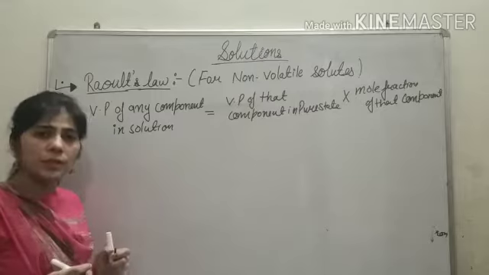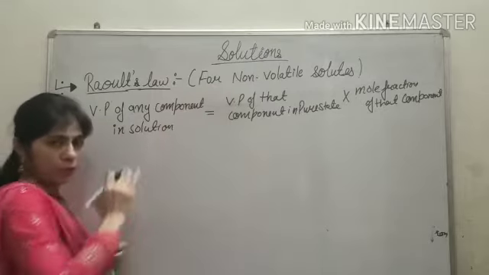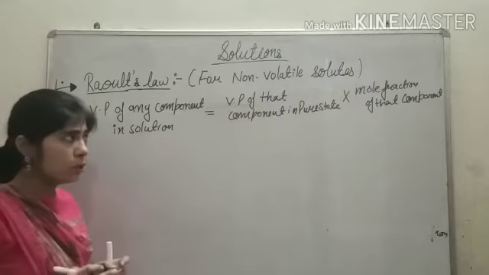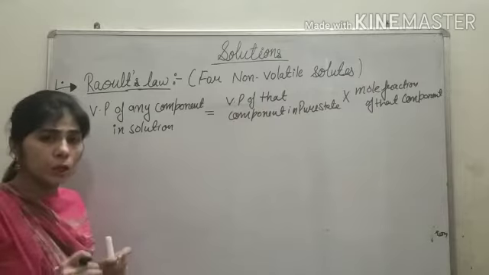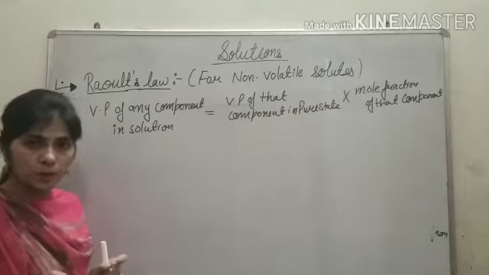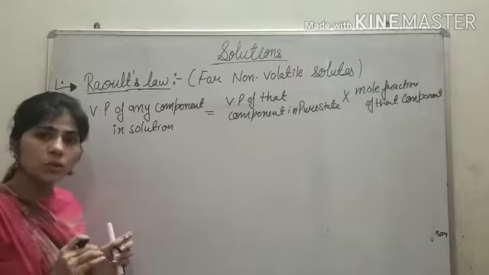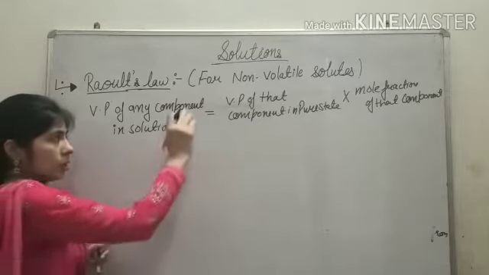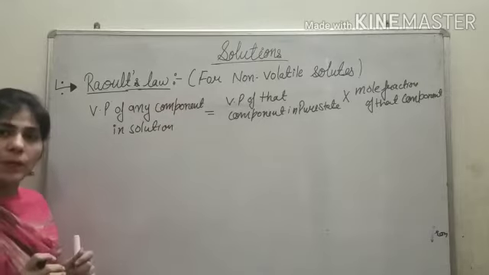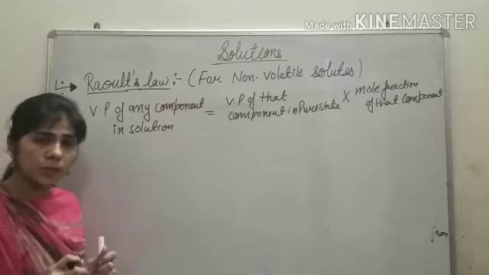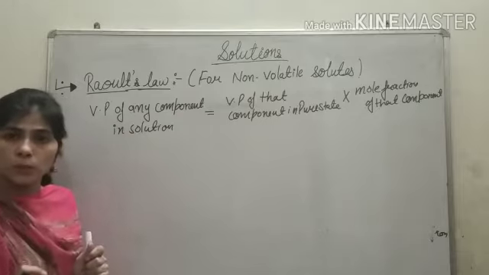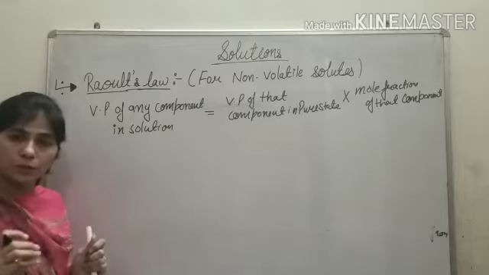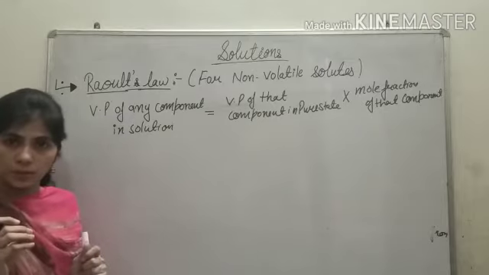And students, as the solute is non-volatile, it will not contribute toward the total vapor pressure. So the vapor pressure of the solution is nearly equal to the vapor pressure of the solvent.